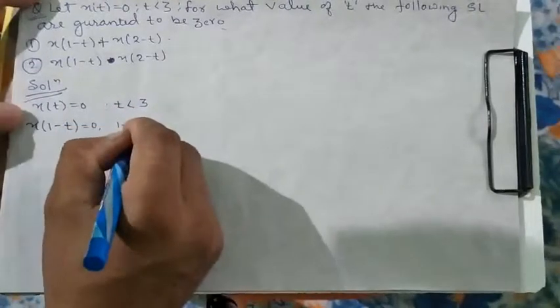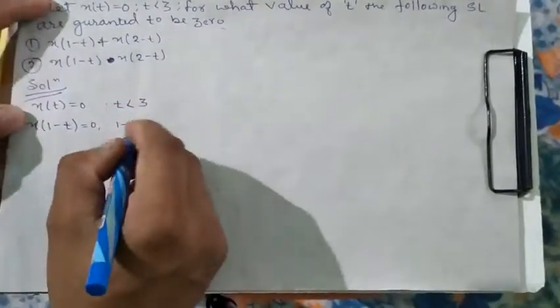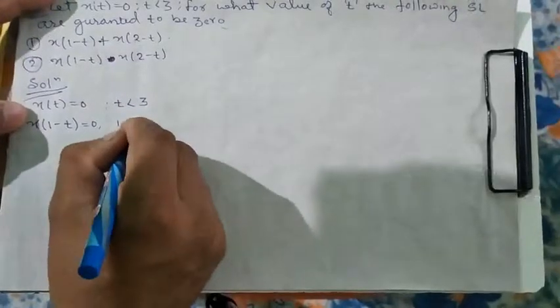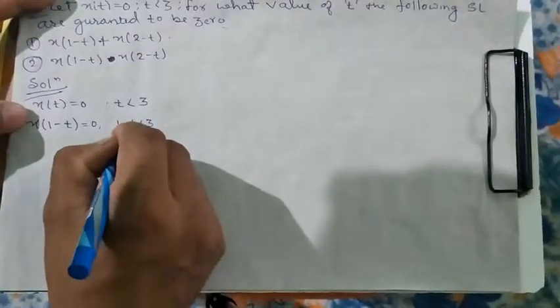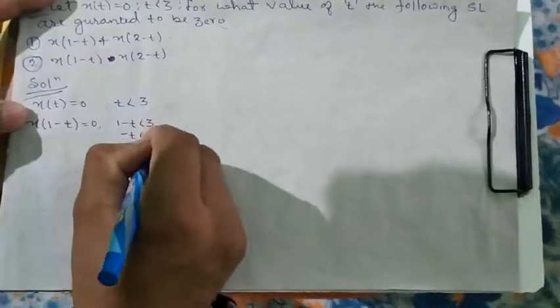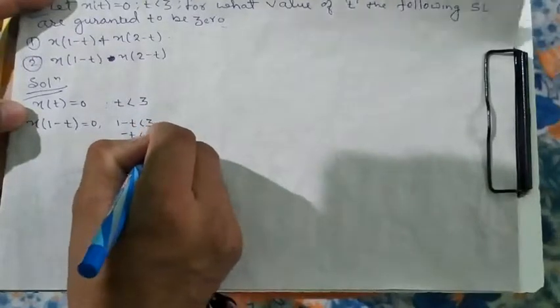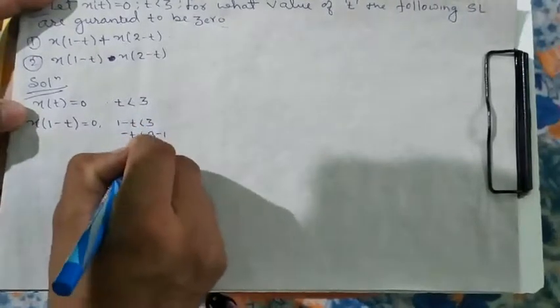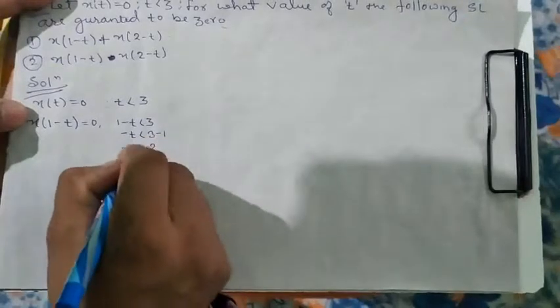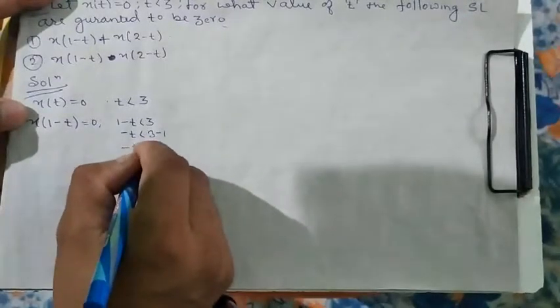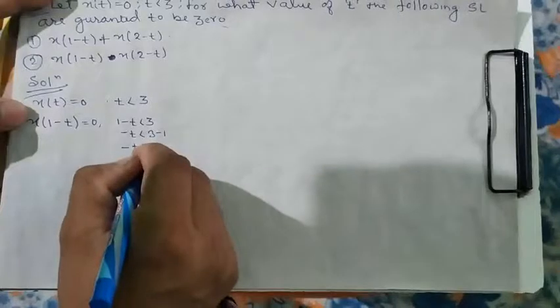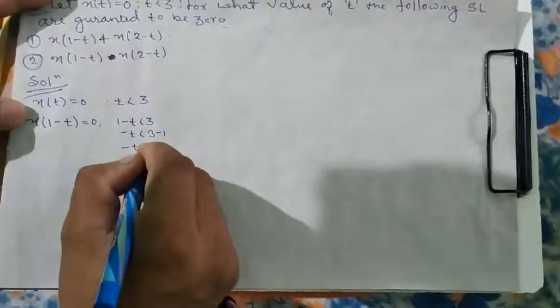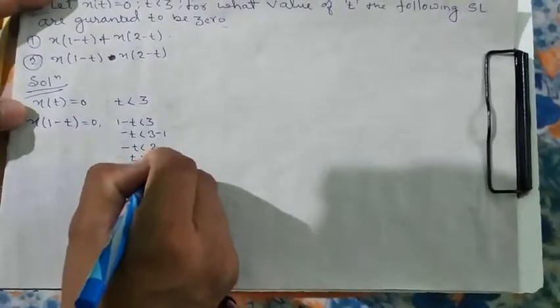That means, if we shift terms, minus t is less than 3 minus 1, that is minus t less than 2. Or t, if we multiply both sides by negative, then of course the sign changes, so t is greater than minus 2.